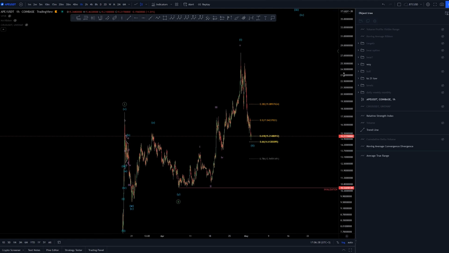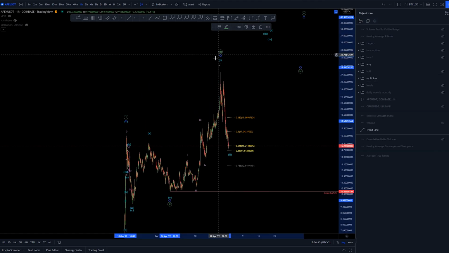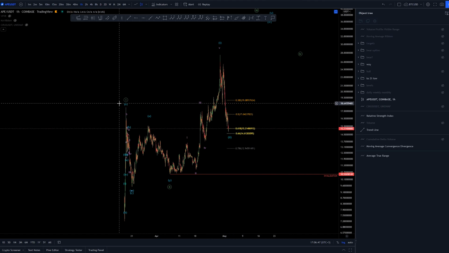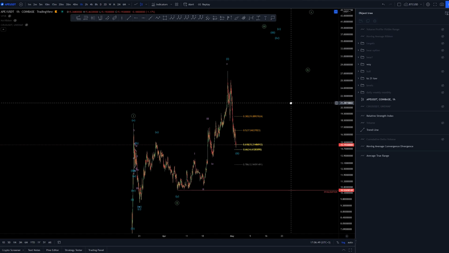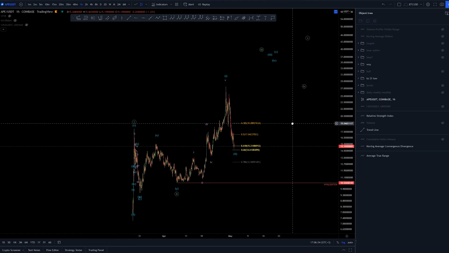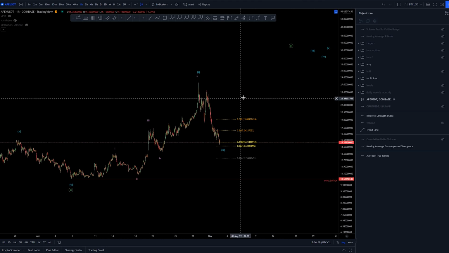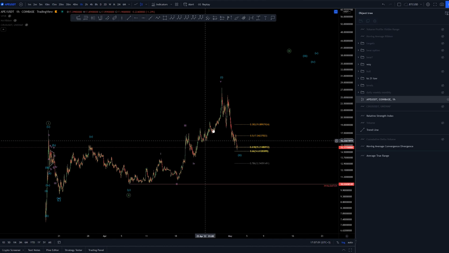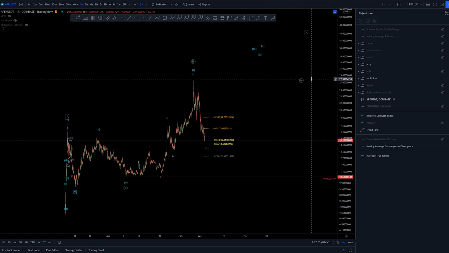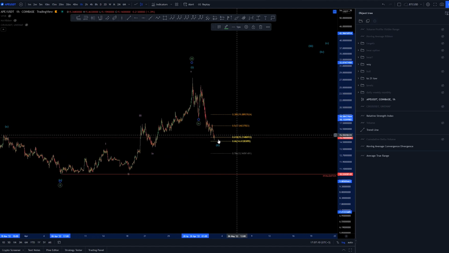This can't be again wave 3 of minute, because the price has come back to the wave 1 territory. So it has to be a lower degree wave, which means that this is even more bullish than I would like to believe. Also, you could say that this is actually the third here, and this would be the fourth here.